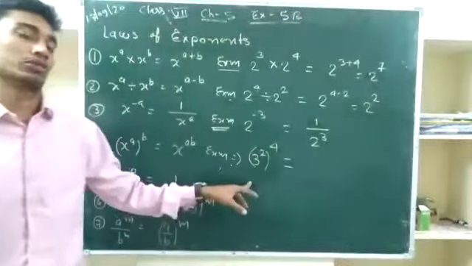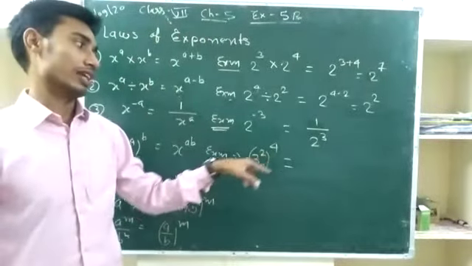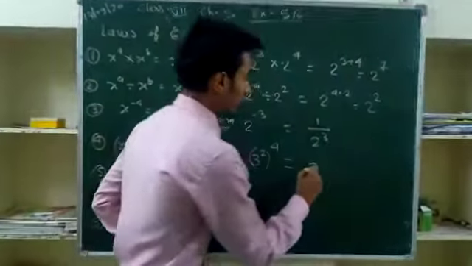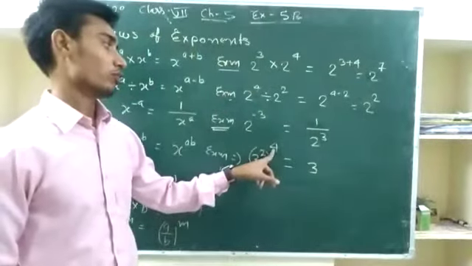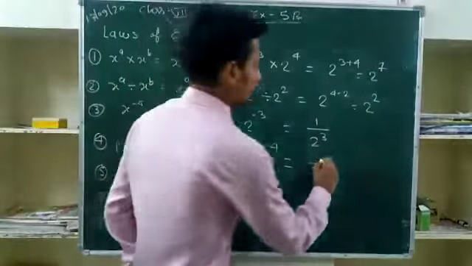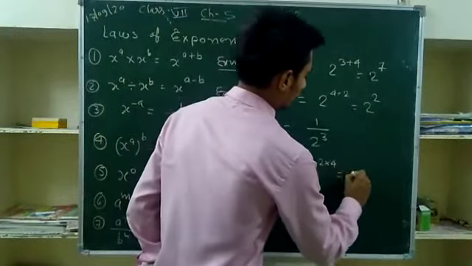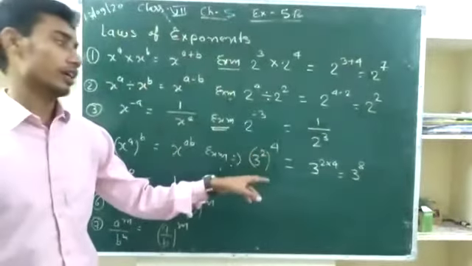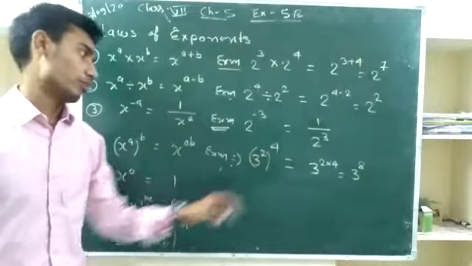This kind of question comes in your exam. So how will you solve it? First check what is the base. 3. So write 3 first. Now what is the power? 2 and here is 4. So multiply these two powers. 2 multiplied by 4, so 3 raised to 8. Okay. So that is the way to solve that kind of question.